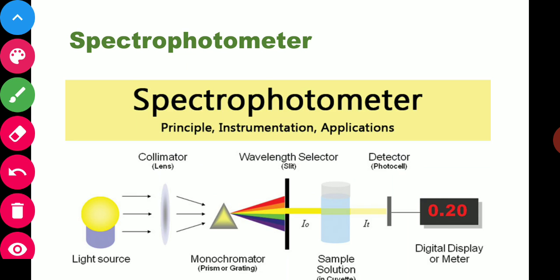The wavelength selector selects the wavelength needed for that particular experiment, which is passed through the sample solution present in the cuvette, and finally the photocell detects the absorbance or transmittance on the screen. So this is the line diagram of the instrument given in the slide.